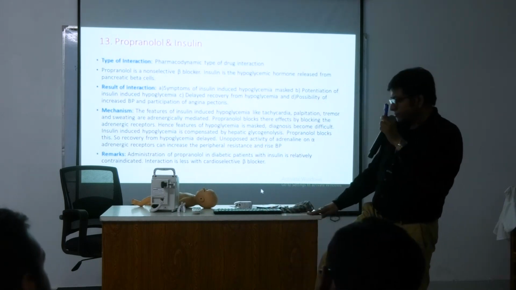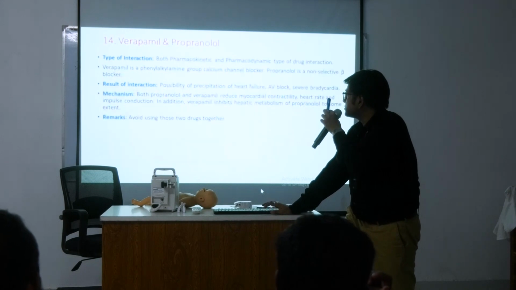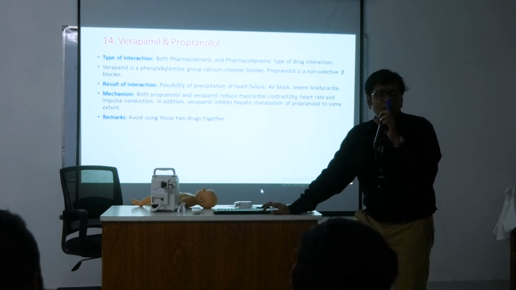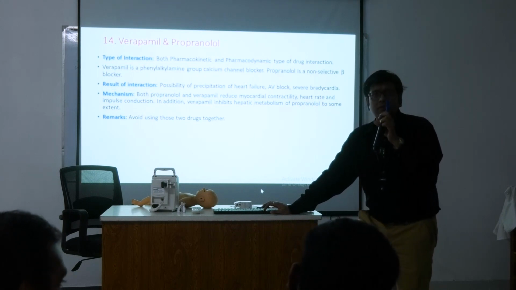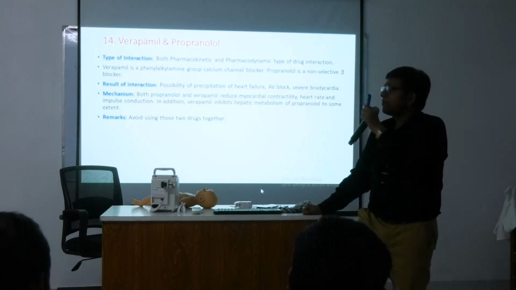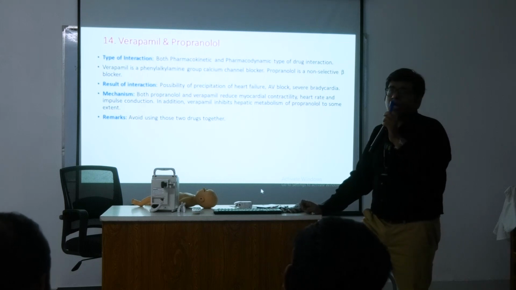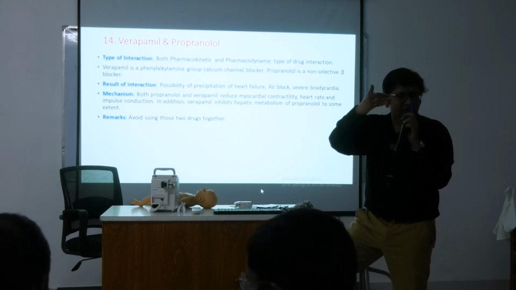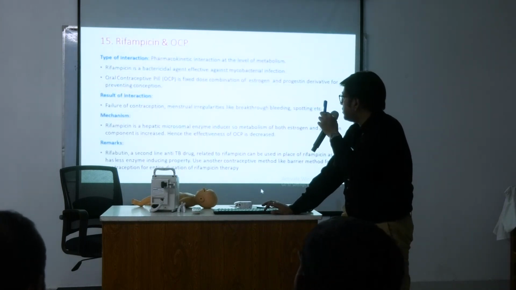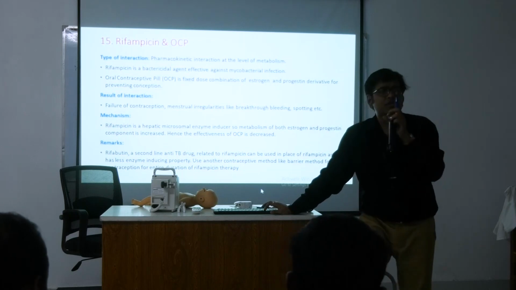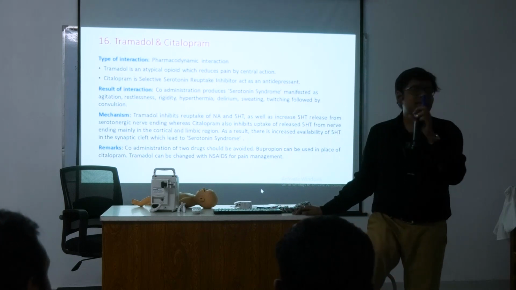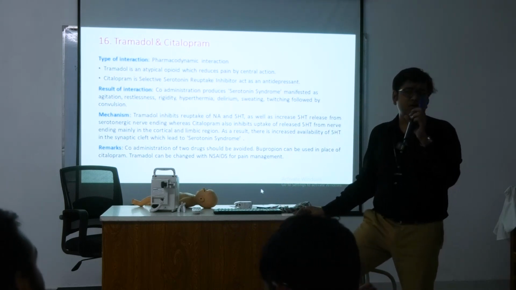Propranolol insulin. আর ভেরাপামিল প্রোপ্রানলল হচ্ছে কার্ডিয়াক ডিপ্রেসেন্ট, দুটোই হার্ট ব্লক করে দেবে, হার্ট ফেলিওর প্রেসিপিটেট করবে। আর এখানে কিন্তু দুটো হয়, ফার্মাকোডাইনামিক হয়। ভেরাপামিলটা কি করে, ভেরাপামিলটা প্রোপ্রানললের মেটাবলিজমকে ইনহিবিট করে, আরো বেশি প্রোপ্রানলল বাড়িয়ে দেয়। রিফাম্পিসিন ওসিপি, rifampicin induces metabolism of estrogen progesterone. And tramadol and citalopram increases serotonin in the synapse, leading to serotonin syndrome.